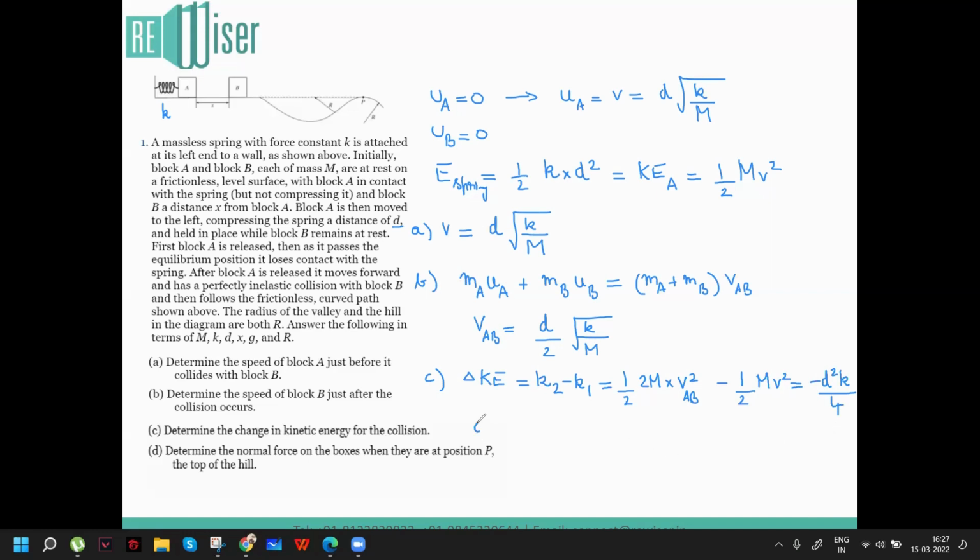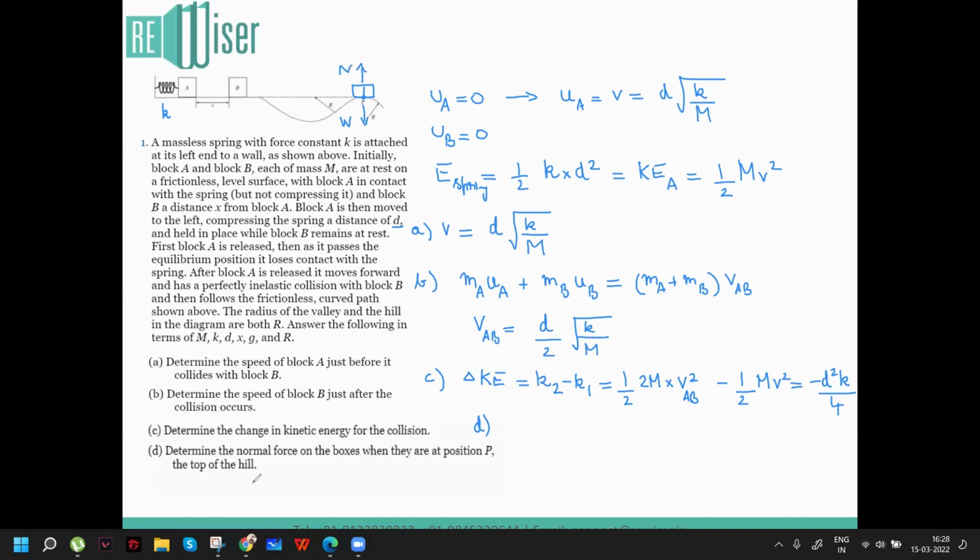Moving on to part D of the answer, we are asked to find the normal force on the boxes when they are at position P. Here, when we look at the combined mass of the two boxes at position P, we understand that they are executing circular motion, which means they have a resultant force that is facing downwards. And also, there is another force facing downwards, which is the combined weight, while the normal or reaction force faces upwards.